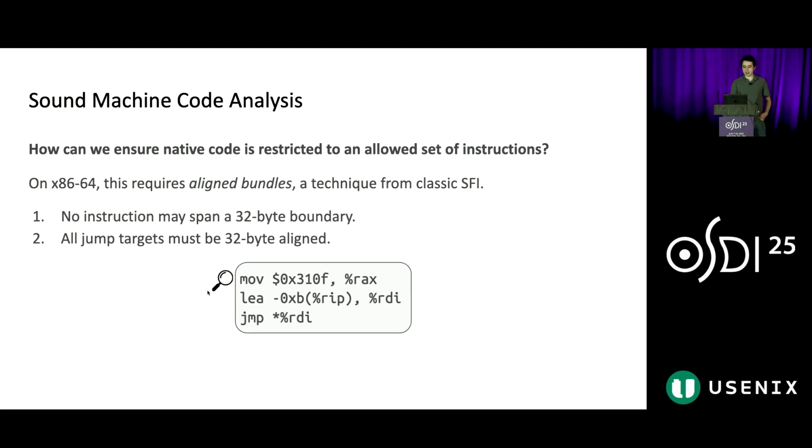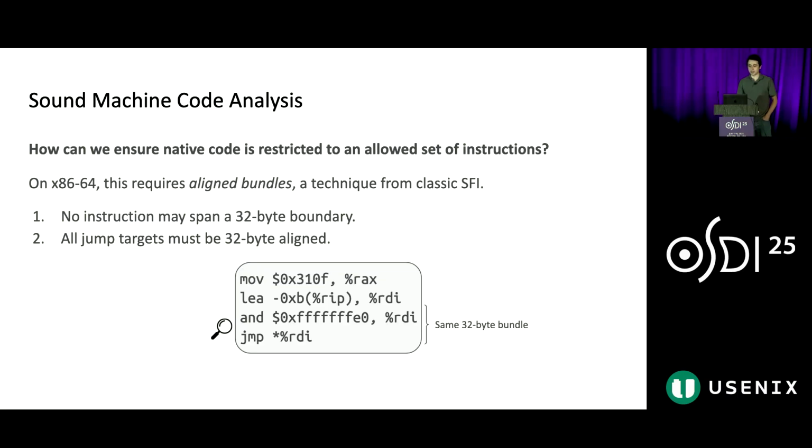So if we look at this program, if you actually compile this, it'll run a read TSC instruction, because even though this move looks deterministic, and this LEA looks deterministic, this indirect jump is actually going to go into the middle of another instruction and execute something that we didn't see. In order to prove to the verifier that this jump target is bundle aligned and therefore doesn't go into the middle of an instruction, the rewriter needs to include an additional instruction that performs a mask, where it zeroes out the bottom bits of the target.